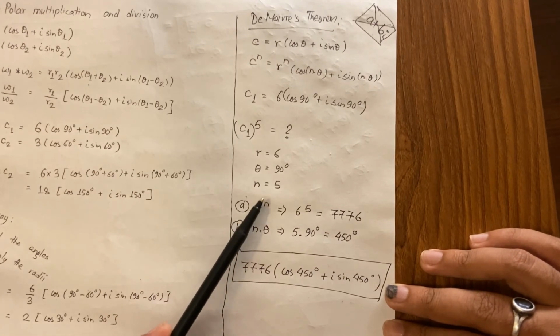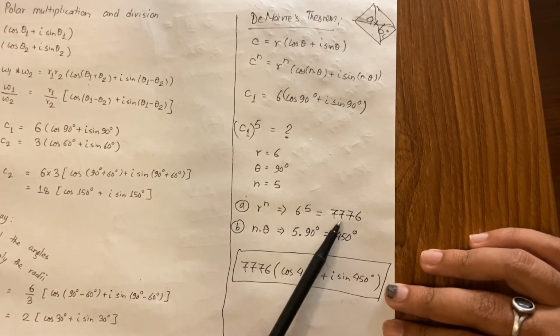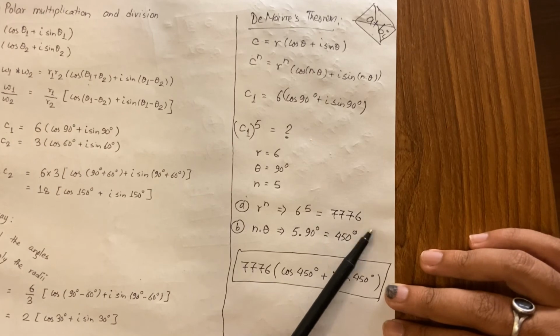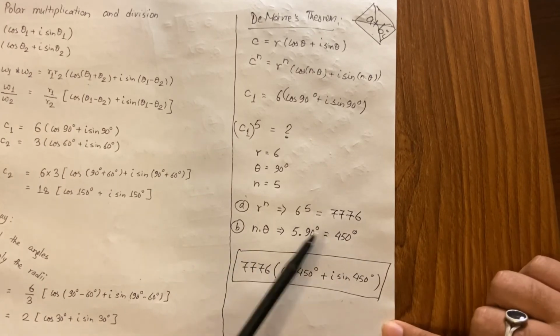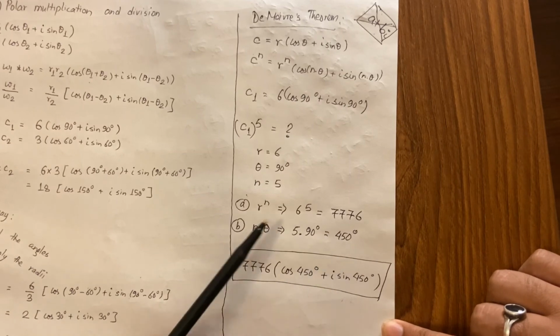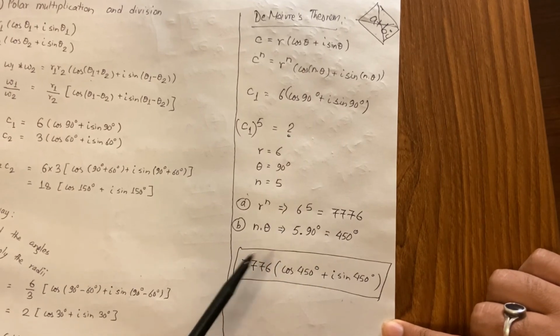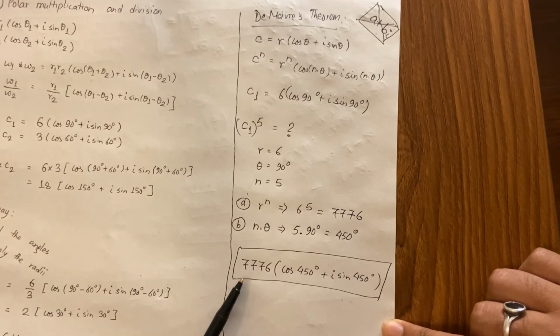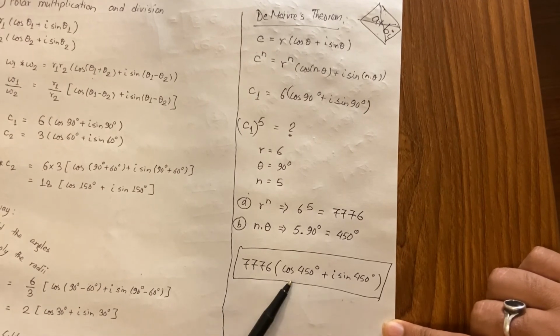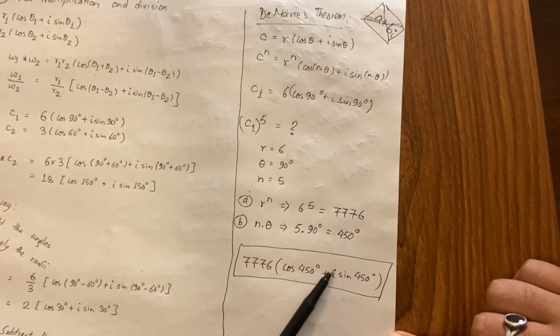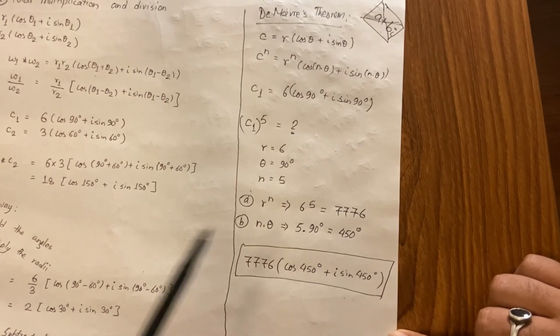So first up we did r to the power n, 6 to the power 5, giving us 7,776. Then we did n times theta, which was 5 times 90 degrees, giving us 450 degrees. Finally, we combined the answers and got the final answer as 7,776 cosine of 450 plus i sine of 450 degrees.